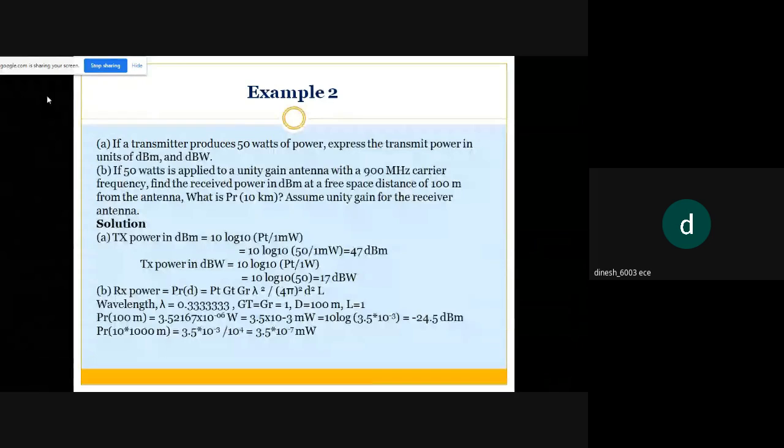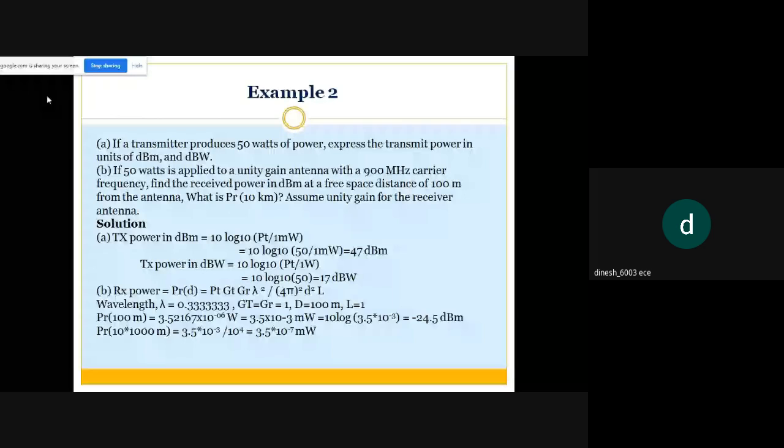And the second question is, if 50 watts is applied to a unity gain antenna with 900 megahertz carrier frequency, find the power in decibel meter at a distance of 100 meter from the antenna. And then the question is extended: what is the received power at that distance, assuming unity gain for the receiver? This is the example.